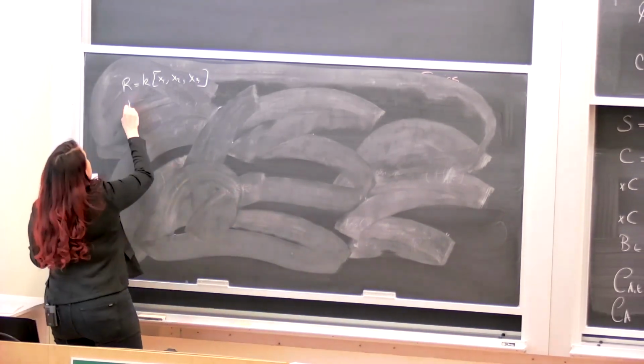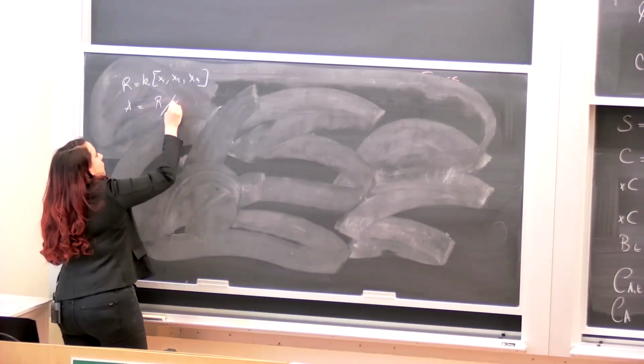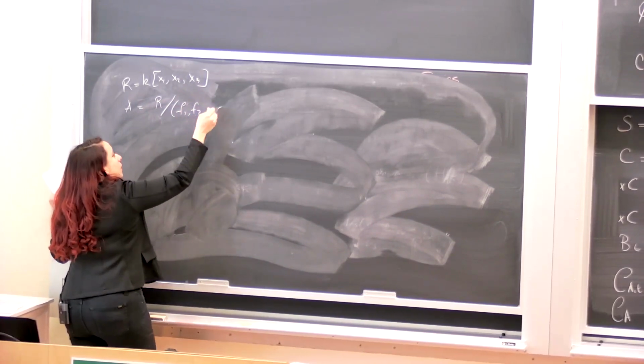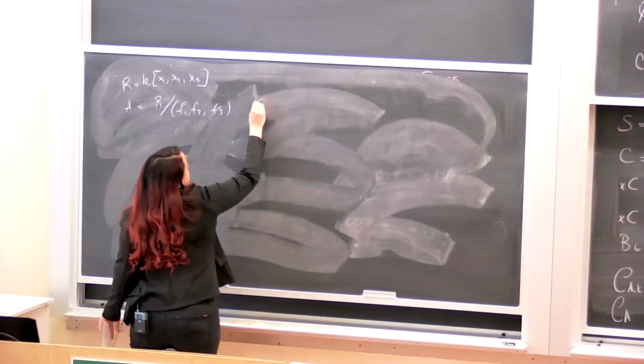So A is R modulo an Artinian complete intersection in three variables.